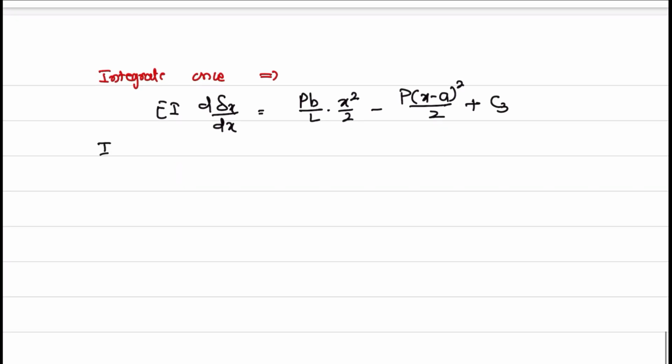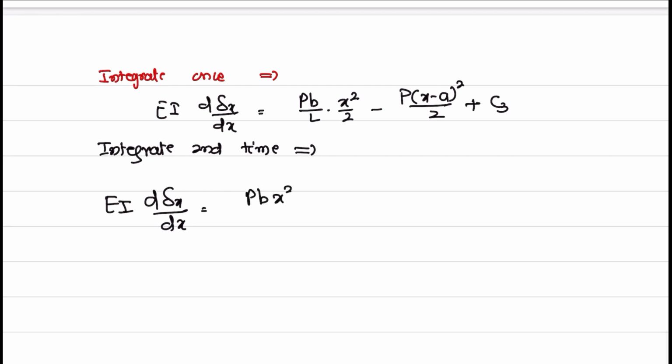Integrate again. Integrate second time. That involves EI into delta x, let us not forget, is equal to PB x cube by 6L minus, as in the similar previous step, P into x minus a whole cube by 6 plus C3x plus C4.